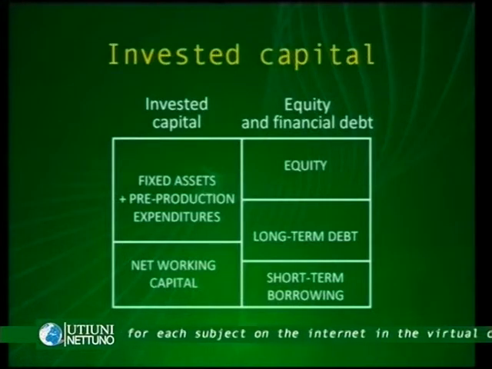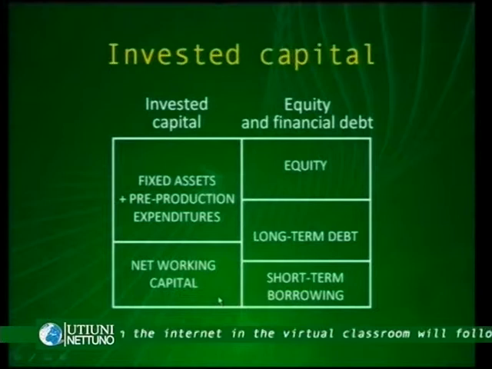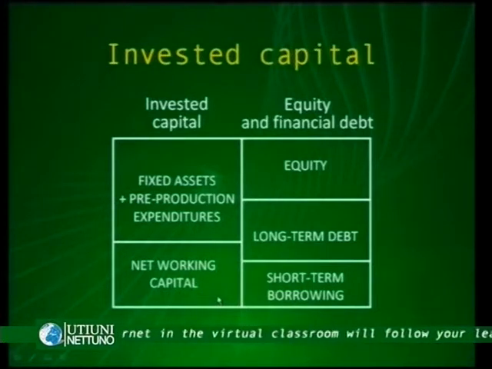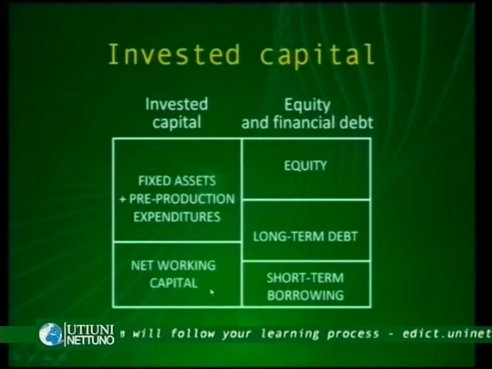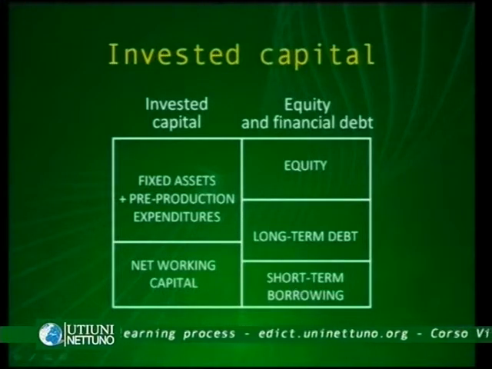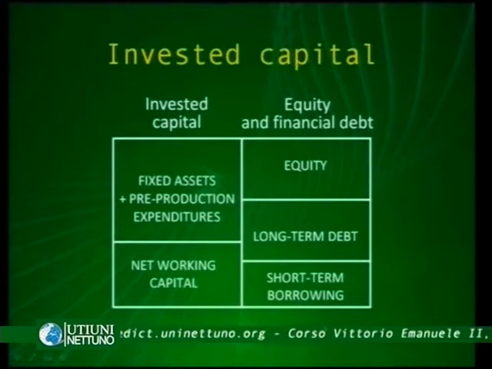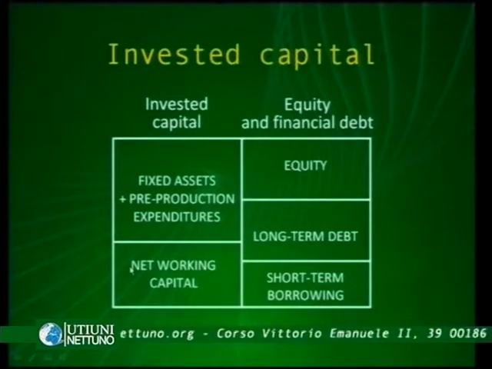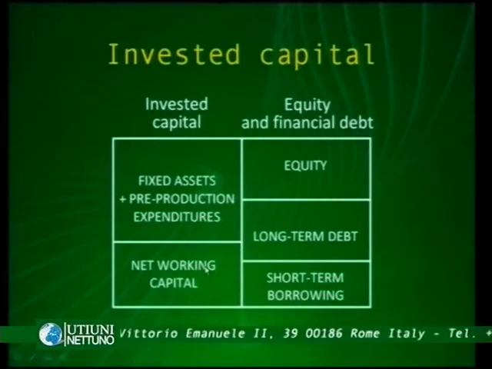As a result, we are getting again the net working capital. From an algebraic point of view, it's exactly the same, because either you report the current assets and the current liabilities respectively on the left side and the right side of the balance sheet, or you eliminate the current liabilities from the right side of the balance sheet and you subtract them from the left side of the balance sheet in order to get net working capital.